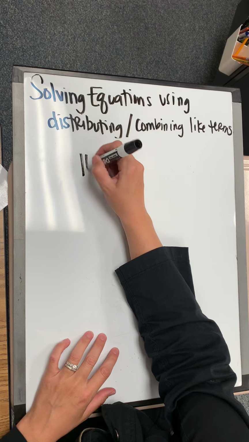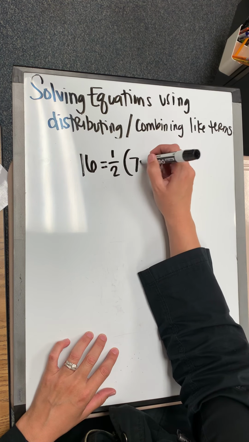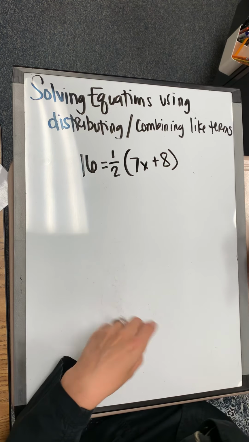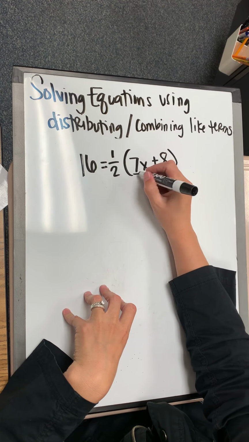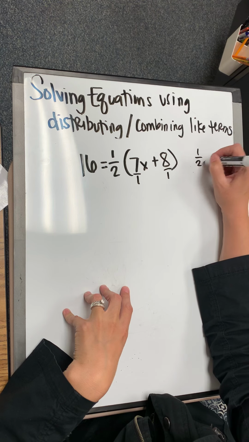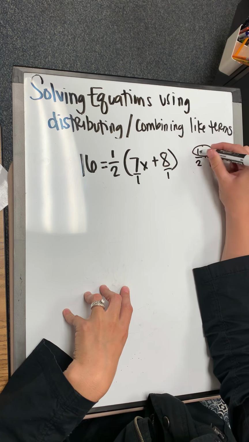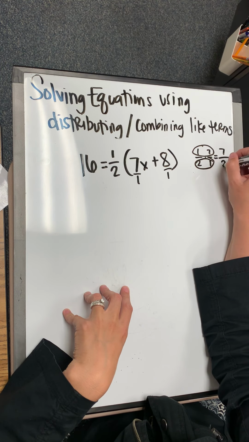Now the next one is going to be 16 is equal to 1/2 parenthesis 7x plus 8. The other way you can think of distributing a fraction through is to think of each of these as their own fraction. Whenever we multiply fractions, we just do top times top, so 1 times 7 is 7, bottom times bottom, 2 times 1 is 2.